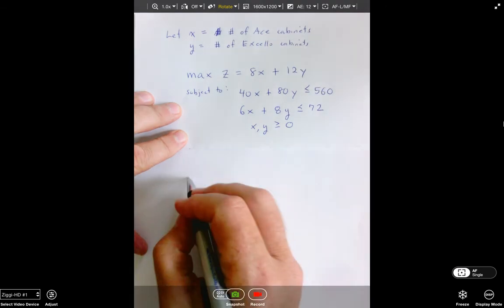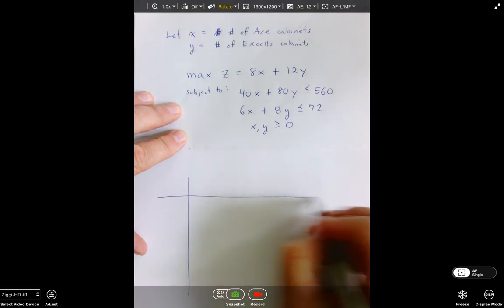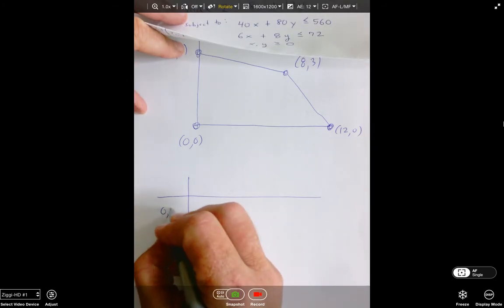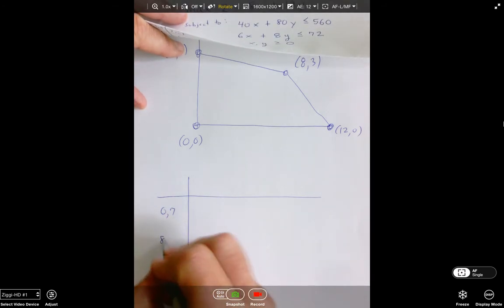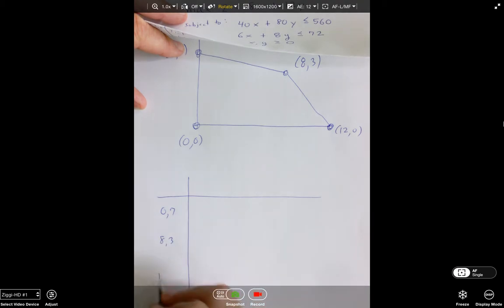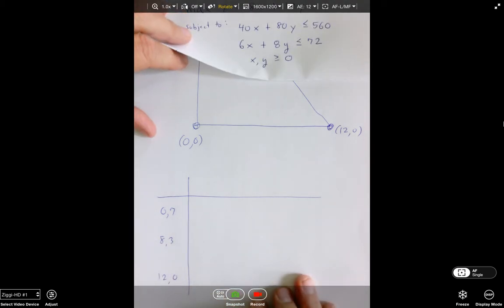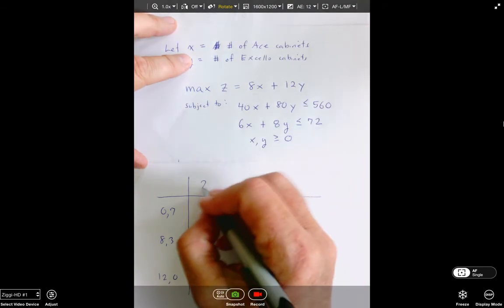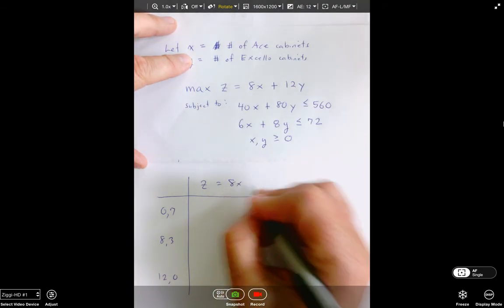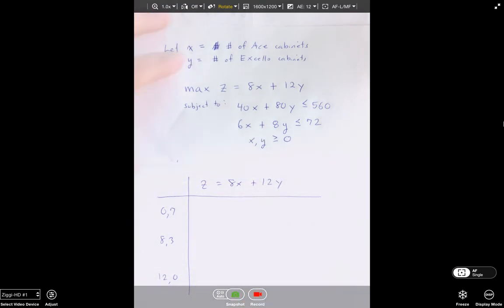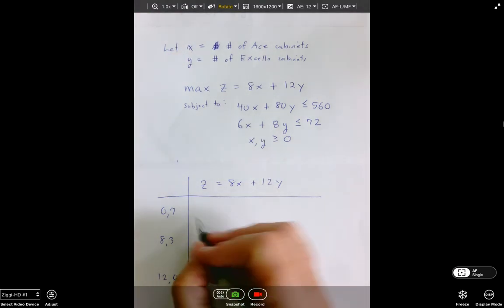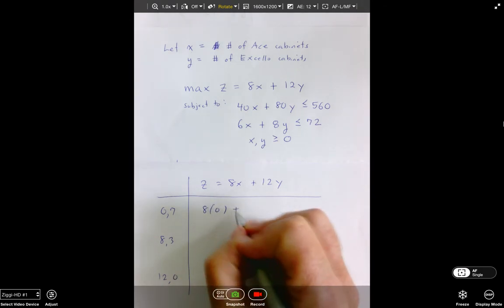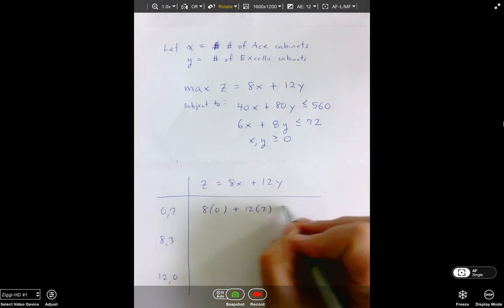Now I'm going to look at my table here. My points are 0, 7, 8, 3, and 12, 0. My objective function is 8x plus 12y. So here I have 8 times 0 plus 12 times 7, that's 84.